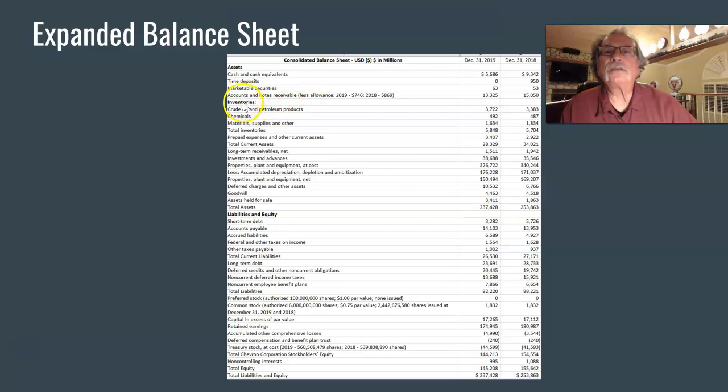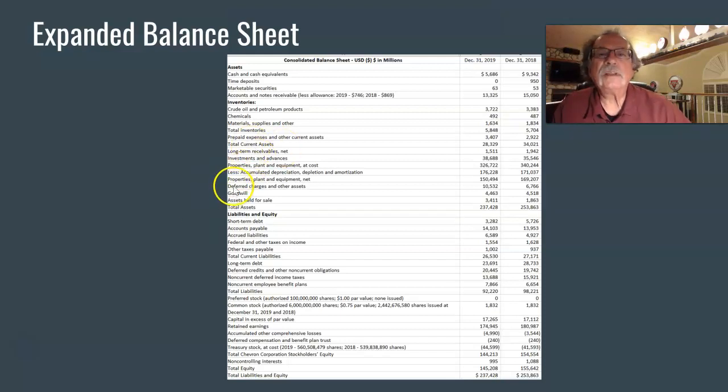Then they have all sorts of inventories: crude oil, chemicals, materials and supplies, total inventories. And then they have total current assets of 28 billion. And then they have long-term receivables. Honestly, I'm not sure what long-term receivables are, but it would be money that's owed to you by a purchaser that's longer than 1 year. And that's very unusual.